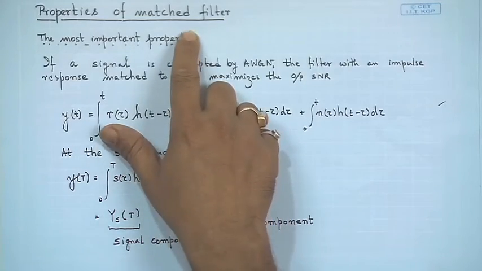There are of course other receivers which are possible depending upon different situations, but a very basic and very important step in evaluating performance is to find the performance of a matched filter receiver. So, let us look at the matched filter.